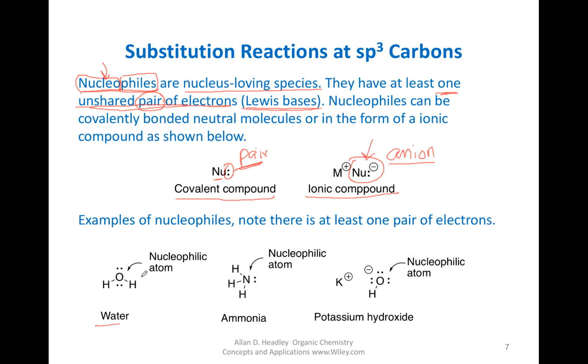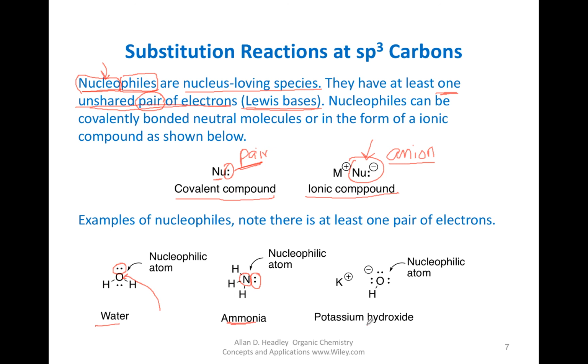Water is a nucleophile because it has at least one unshared pair of electrons, and this atom here, the oxygen, is the nucleophilic atom. Let's look at ammonia. Here's a pair of electrons, and this atom is the nucleophilic atom.